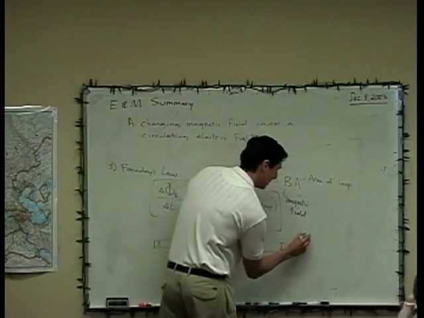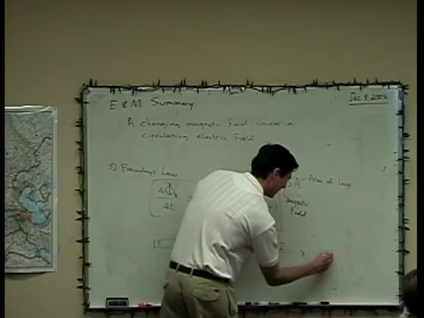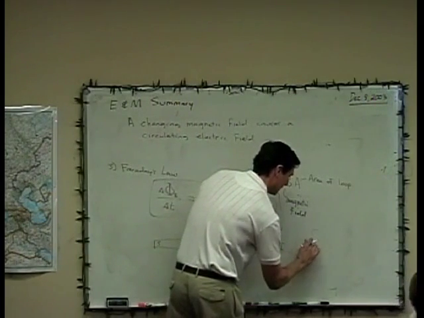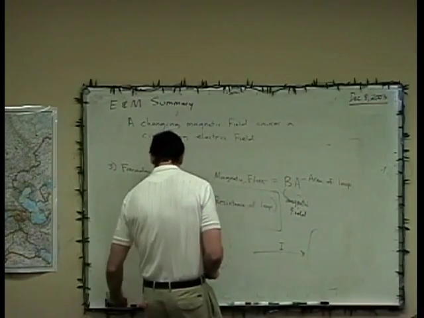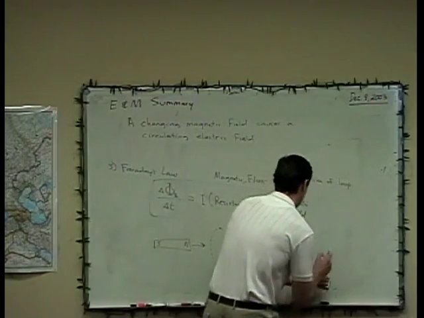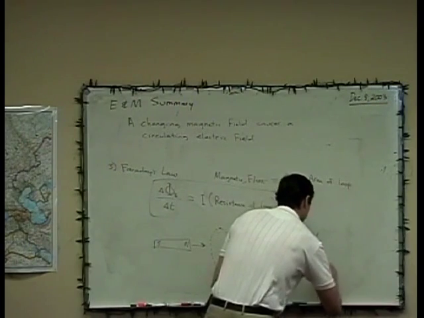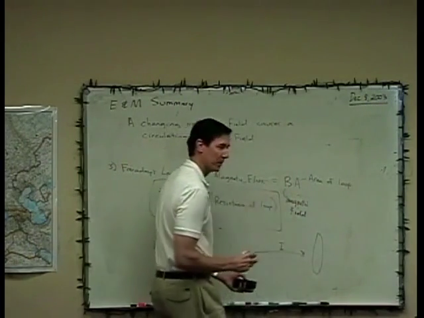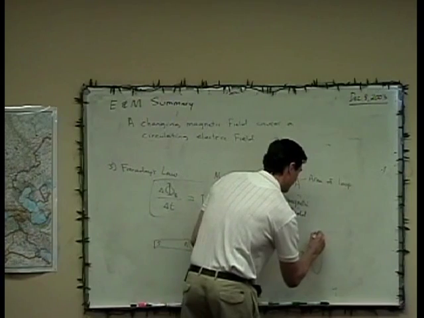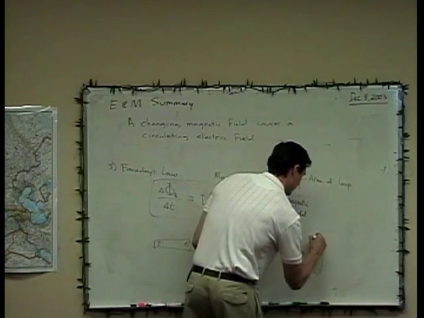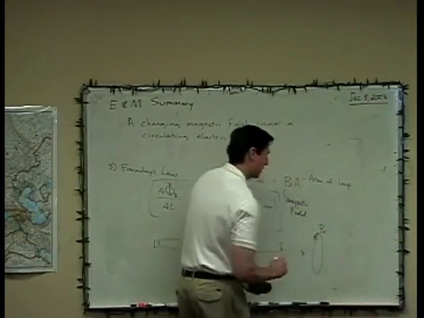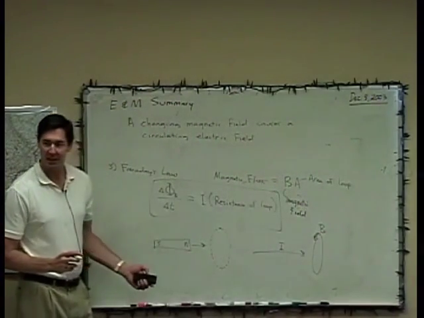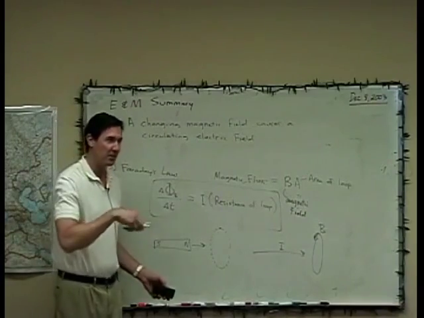That set up, well, let me draw that slightly better. That's supposed to be a side view of a loop. That set up a circular magnetic field, right? Circular B field around the wire.